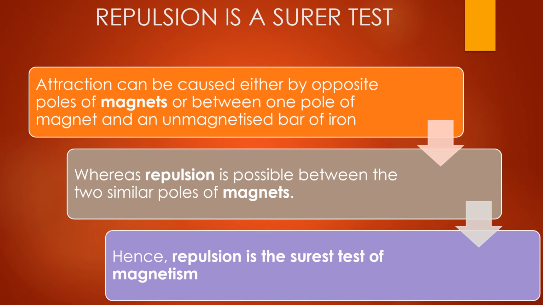The reason is that attraction can be caused either by the opposite poles of two magnets or between one pole of a magnet and an unmagnetized material. But repulsion is only possible when there are two similar poles of magnets. Thereby, repulsion is the surer test of magnetism.